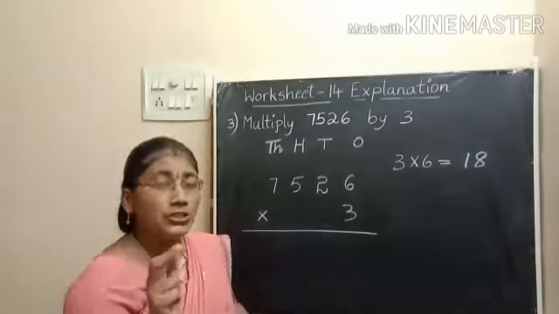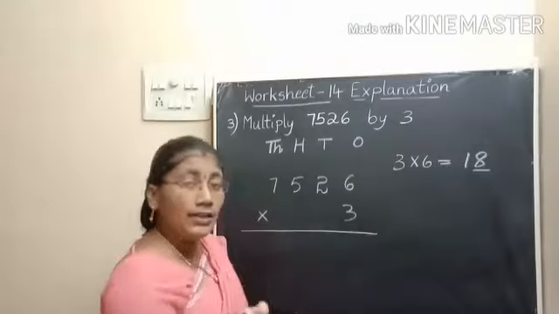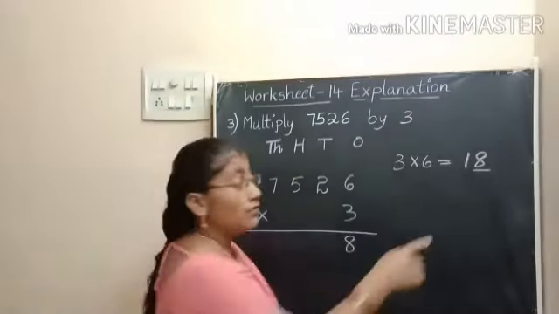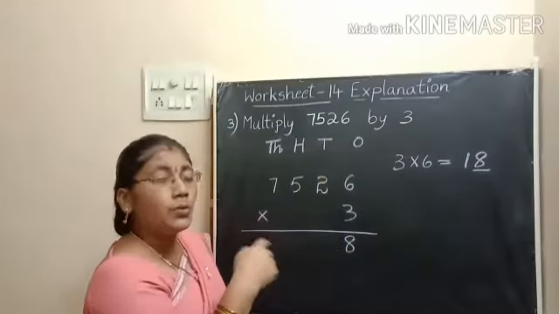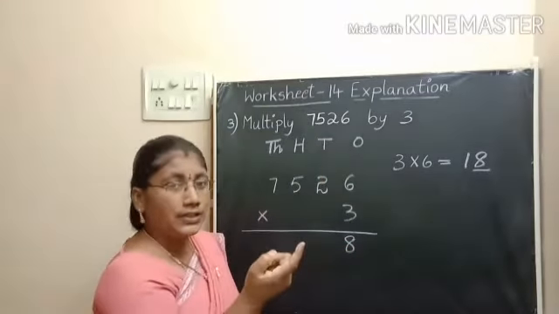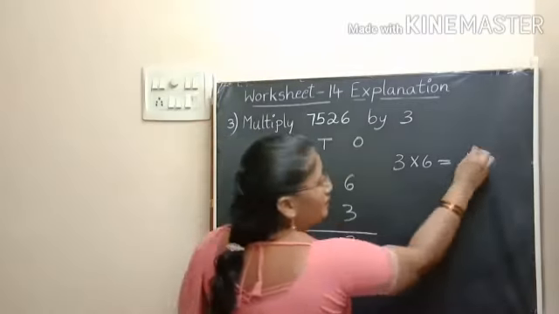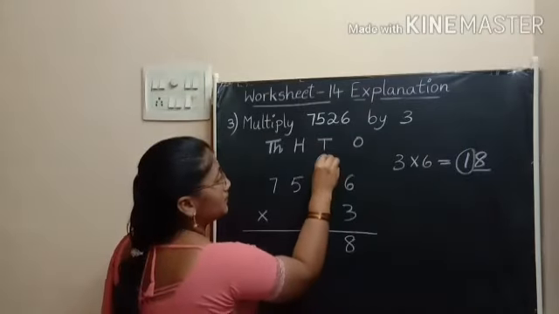So, we should take 8 as the result, and we should pass 1 as carry to the next place. What is the next place? That is tens. So we should write 1 as carry in the tens place.